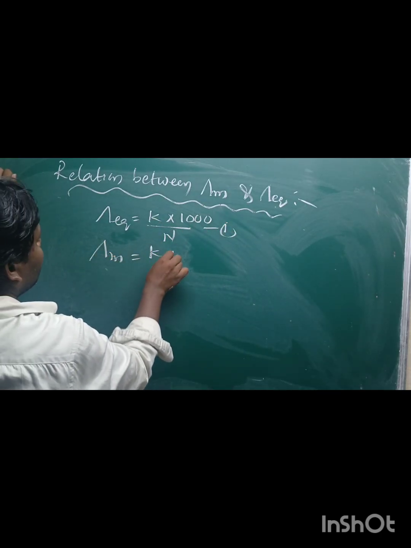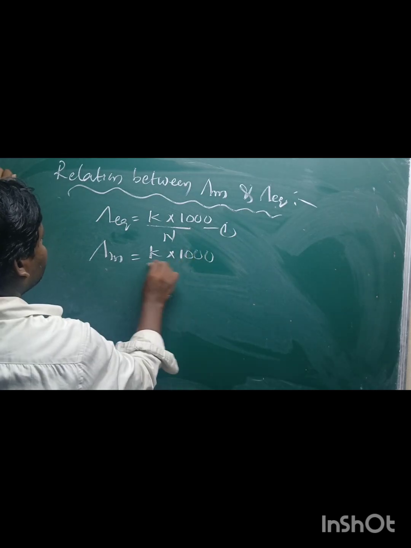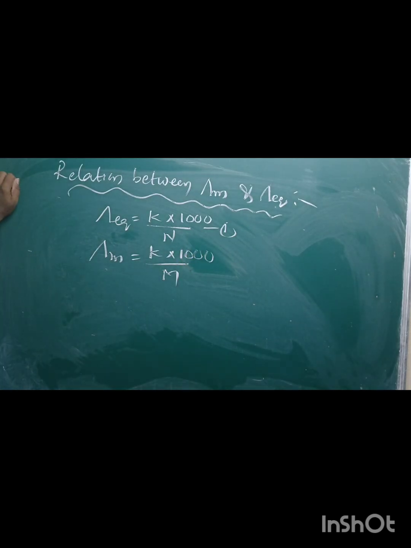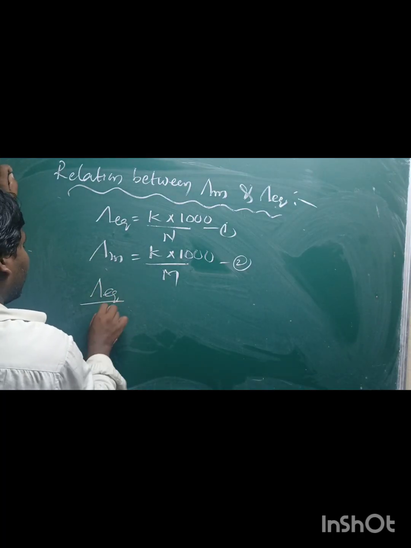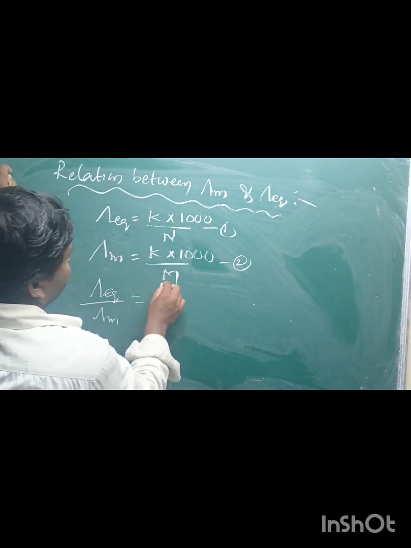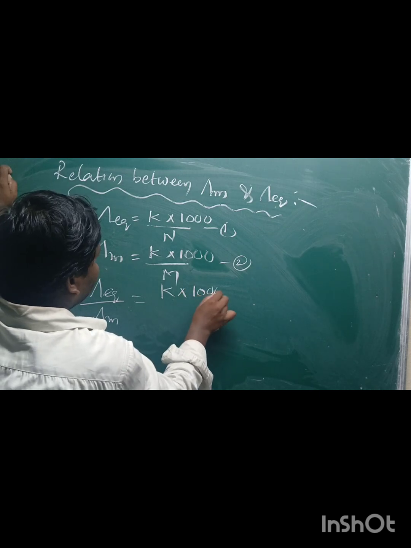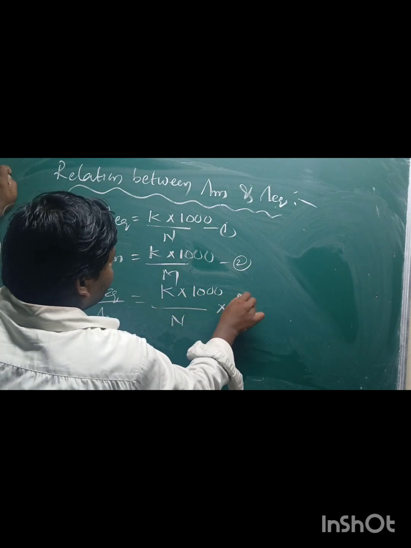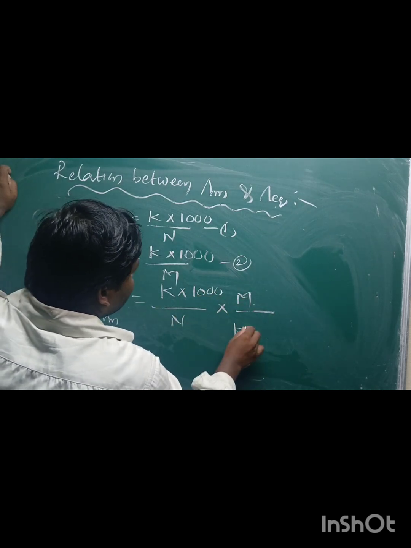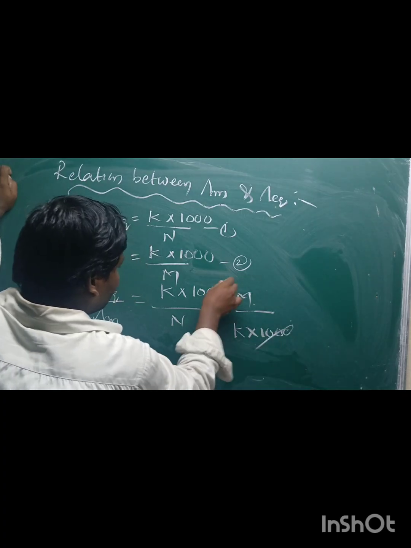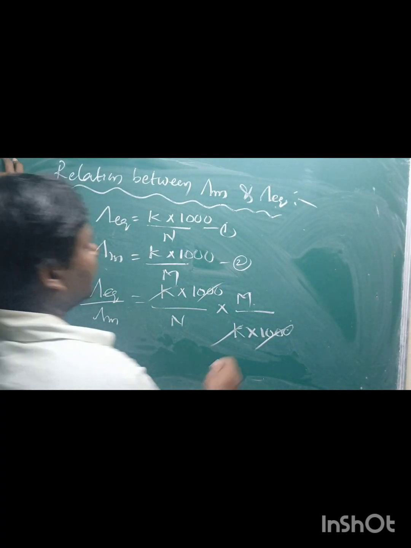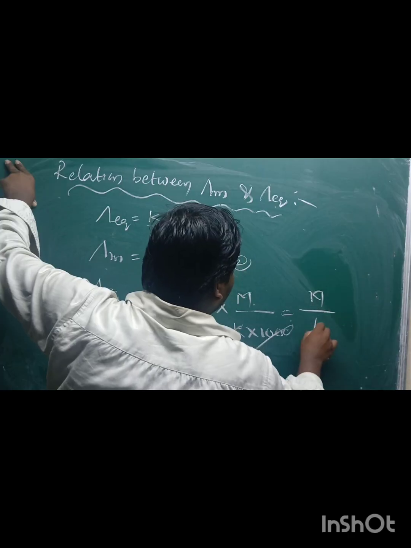Molar conductance is K into 1000 by M, equation 2. Divide equation 1 by 2. Now lambda EQ by lambda M equals K into 1000 by N into M by K into 1000. The 1000 gets cancelled, K gets cancelled, leaving M by N.